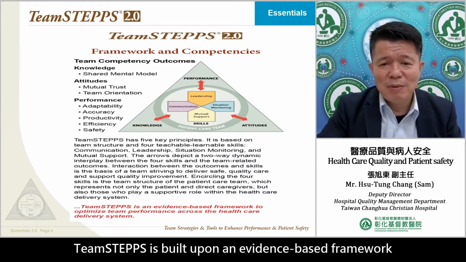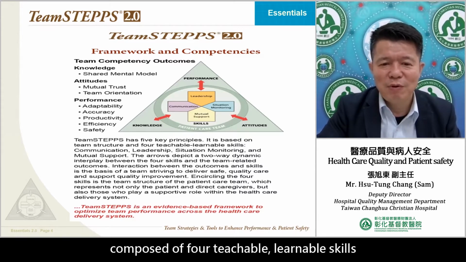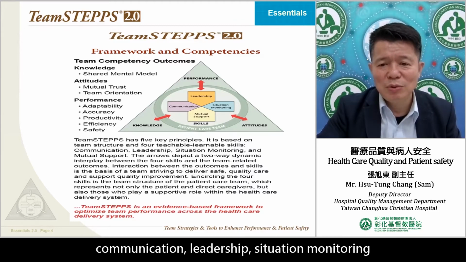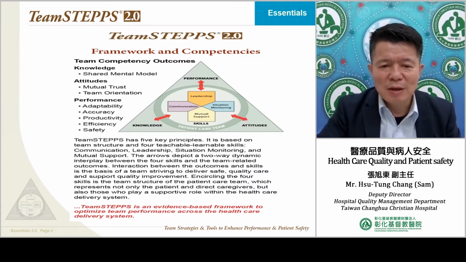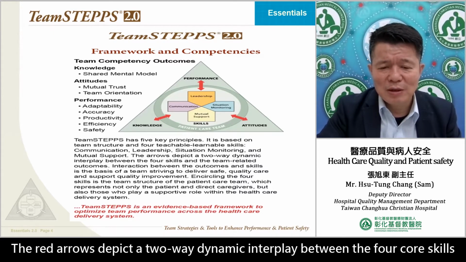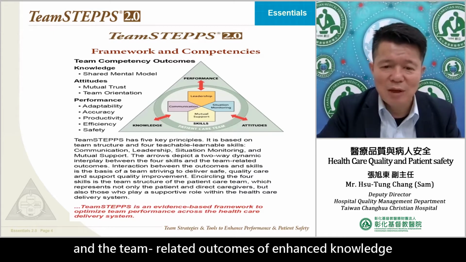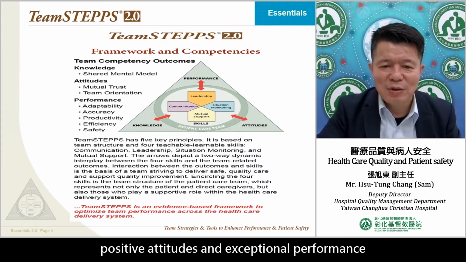TeamSTEPPS is built upon an evidence-based framework composed of 4 teachable, learnable skills: communication, leadership, situation monitoring, and mutual support. This is the core of the TeamSTEPPS model. The red arrows depict a two-way dynamic interplay between the 4 core skills and the team-related outcomes of enhanced knowledge, positive attitudes, and exceptional performance.